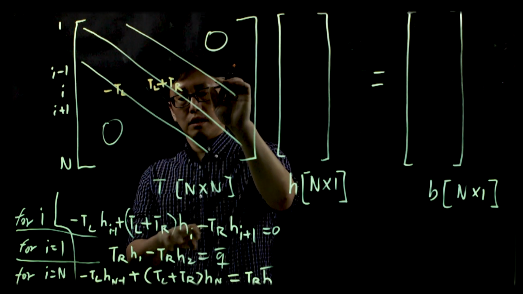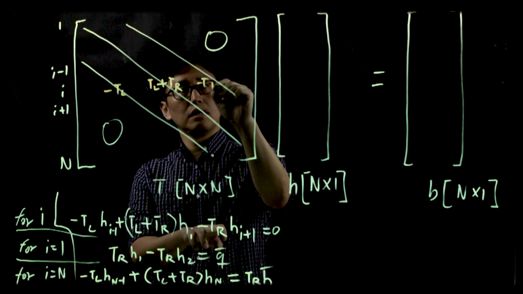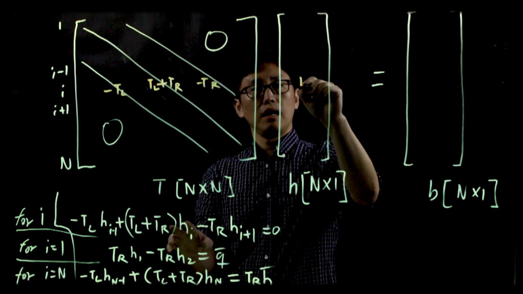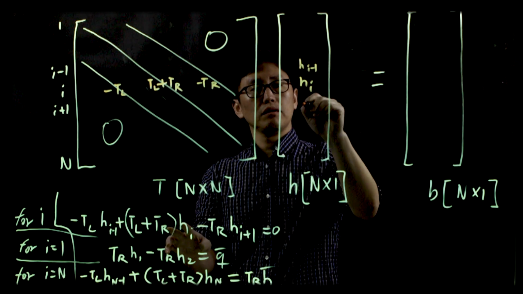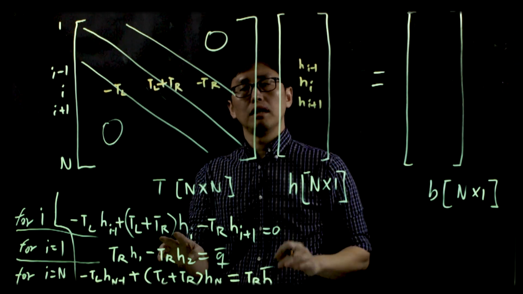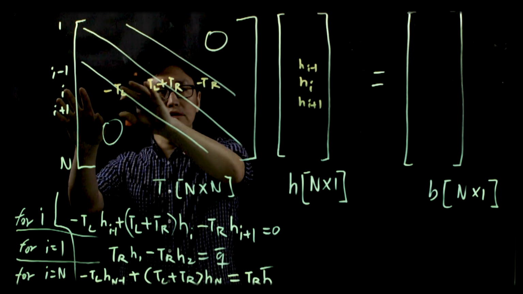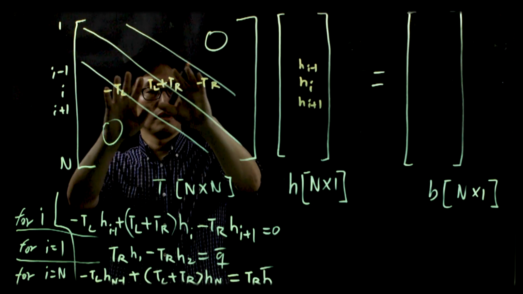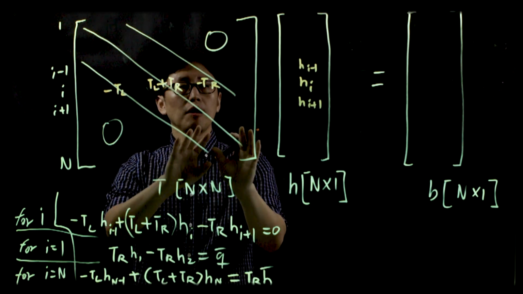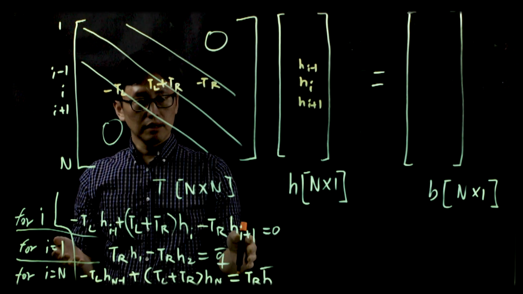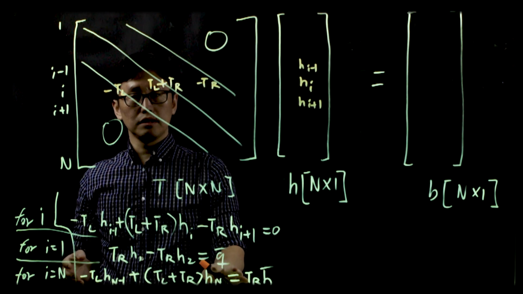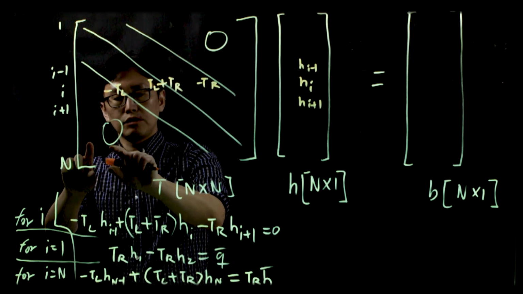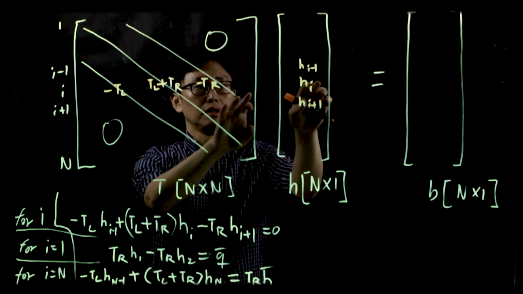Then we have here minus TR, right? And the head vector would be H I minus 1, H I, H I plus 1. This relationship will continue all the way up to the first row and down to the last row. But there is a caveat: we have to consider the boundary condition. So the first and the last row would be different from this relationship.